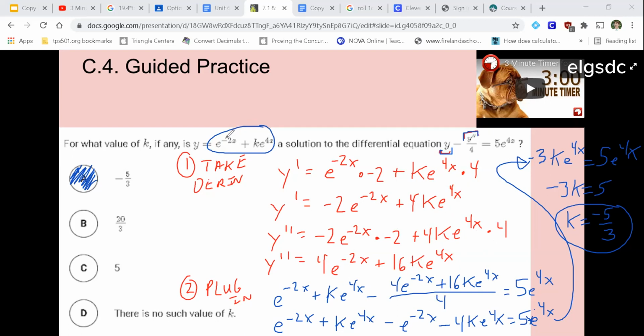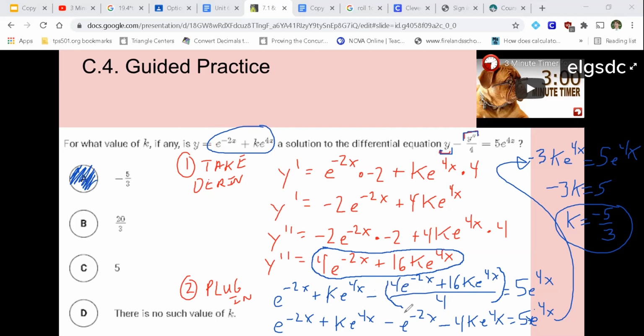If we plug in this for y and this for y double prime, you get this big mess. And the key part here is when you divide these by 4, don't forget that you're applying this negative to the whole thing. So this is 4 divided by 4 is 1, and it's a negative 1. 16 divided by 4 is 4, and it's a negative 4.